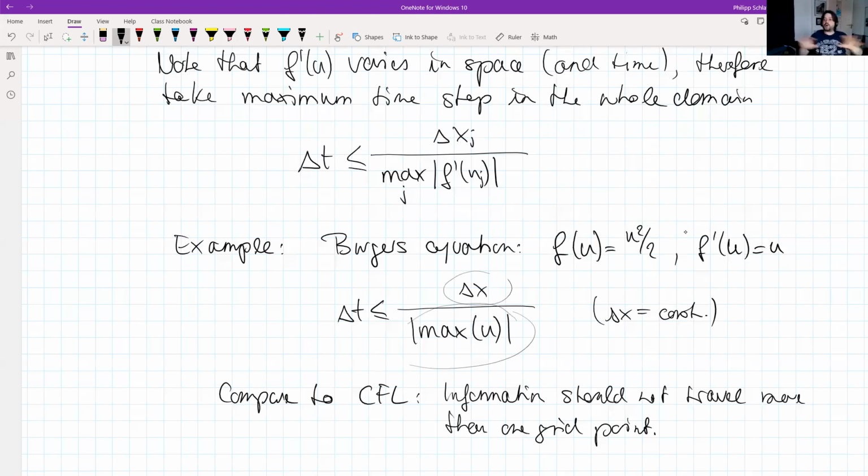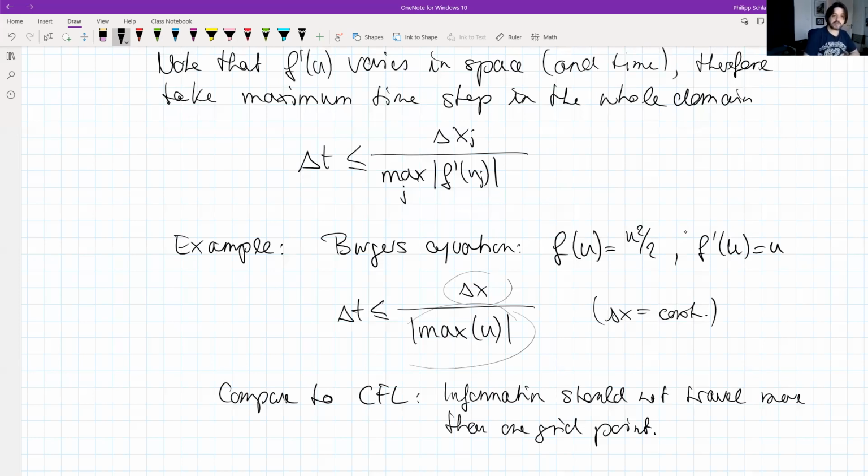And then you will do a global reduction operation, and you will take the global minimum for the time step, that is the maximum time step that is stable everywhere. And that's an operation that is done in every CFD code at some point. At times it may be an expensive operation because it's a global communication. You need to collect the grid spacings and the speeds from all different processors or parts of the domain.